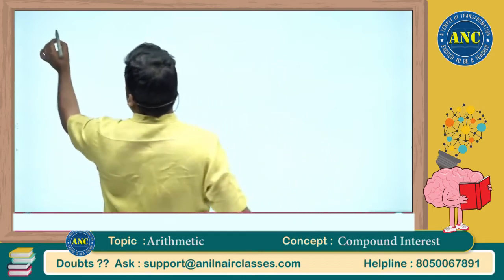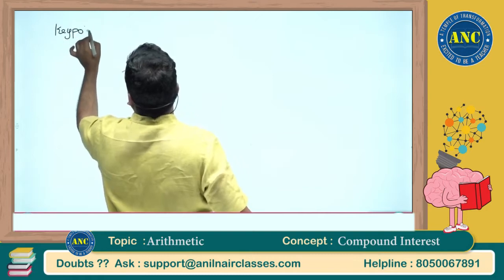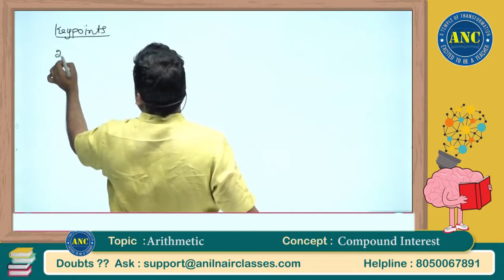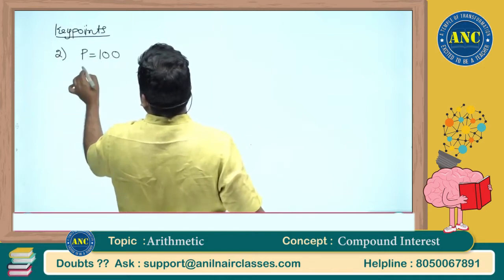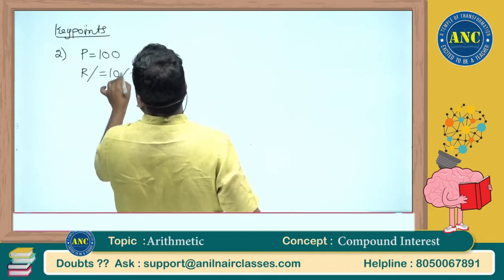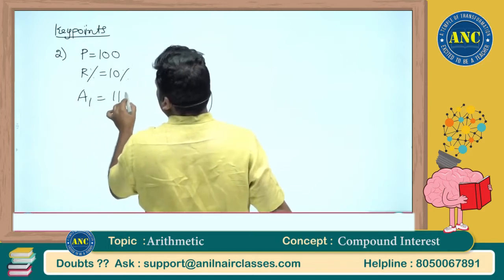Key point 1: P, A1, A2, A3 and An are in geometric progression. Second key point. Principal is 100, R percentage is 10 percent. Amount after first year is 110.